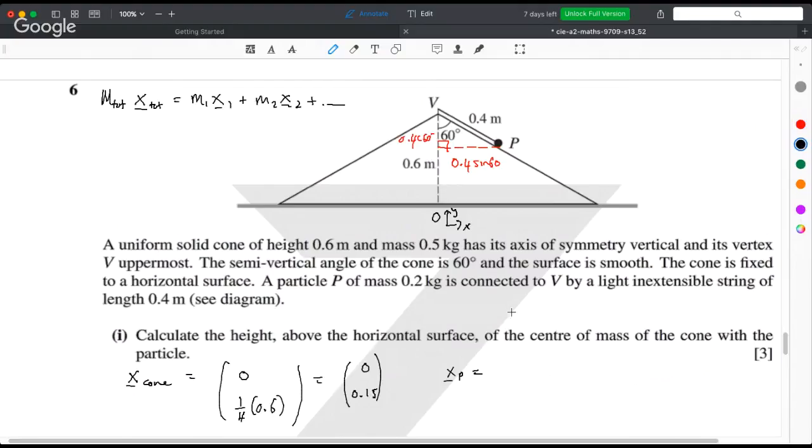So the x coordinate is just 0.4 sine of 60. The y coordinate is 0.6 minus 0.4 cosine of 60 degrees, because you're going down from the top. And so this is equal to root 3 over 5 and 2/5.